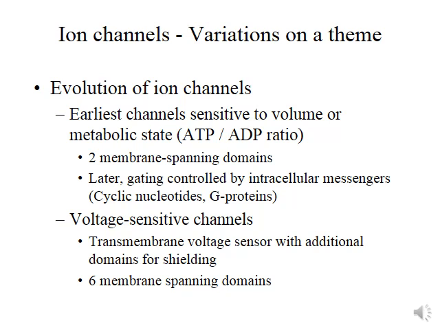Somewhat later in the evolution of life, more complex channels evolved that were sensitive to the transmembrane voltage. These channels expressed additional transmembrane domains, one of which acted as the voltage sensor, and this was an alpha helix that spanned the membrane that had several positively charged amino acids that would sense the transmembrane voltage and actually move as the voltage changed.